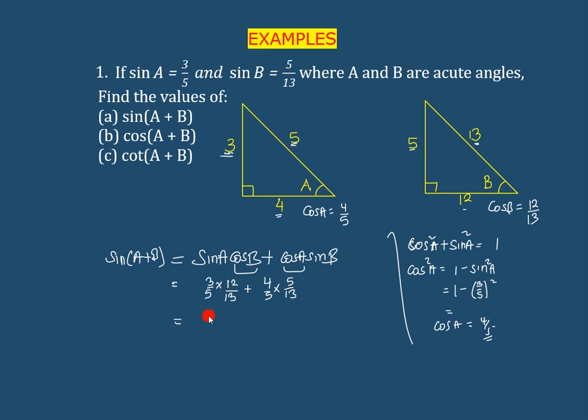This one is going to get us 36 divided by 65 plus 20 divided by 65, which is equal to 56 divided by 65. That is what we have for sine of A plus B.